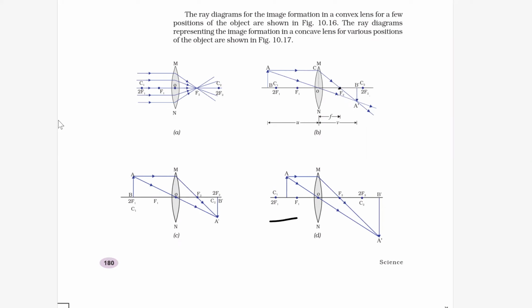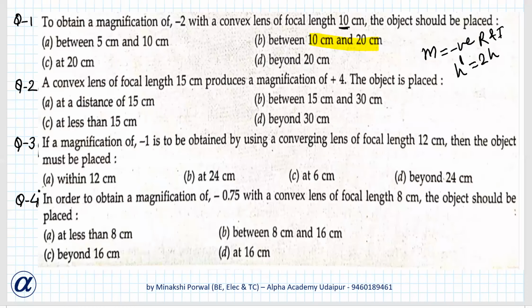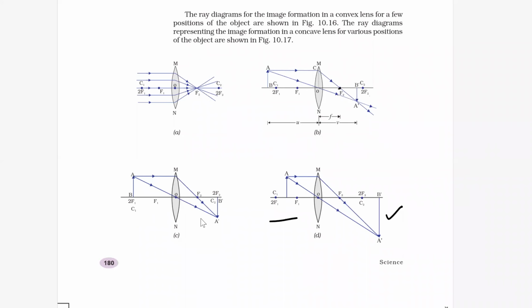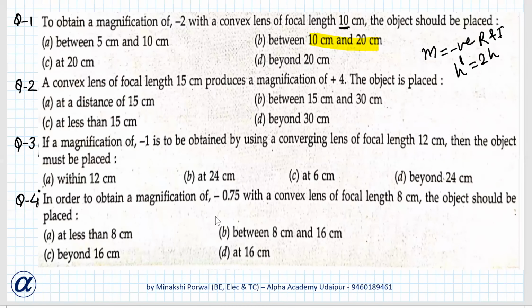In this case, a real and inverted image is formed, and it can be twice the size, or the size of the image will be more than the size of the object. Then at 20 centimeter, the object is placed at C, the center of curvature. When the object is placed at the center of curvature, the image formed is equal in size to the object. So this cannot be the correct answer.